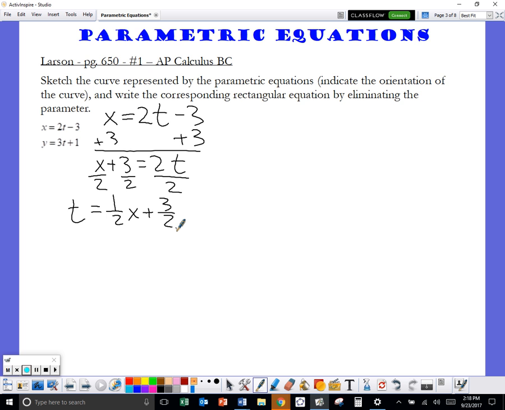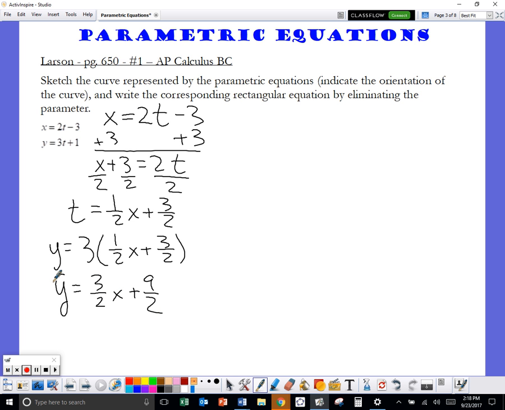Let's plug that value t into our y equation, and we have y equals 3 times (1/2 x plus 3/2). Distribute and simplify. This is 3/2 x plus 9/2. And we have our xy equation as before.